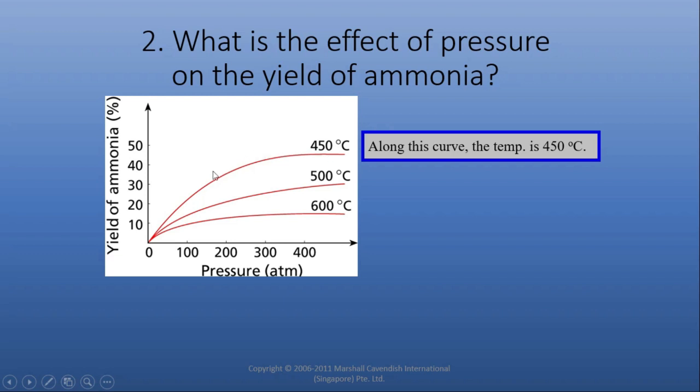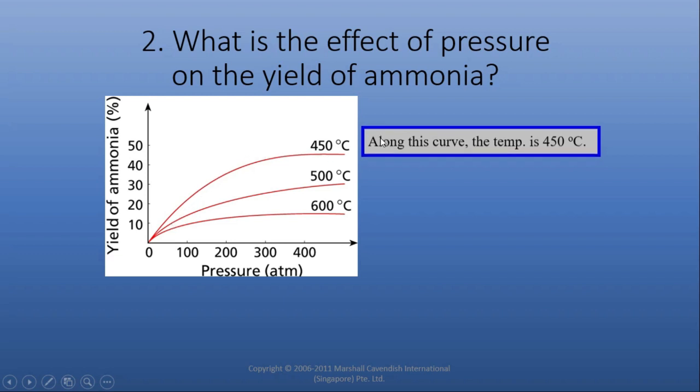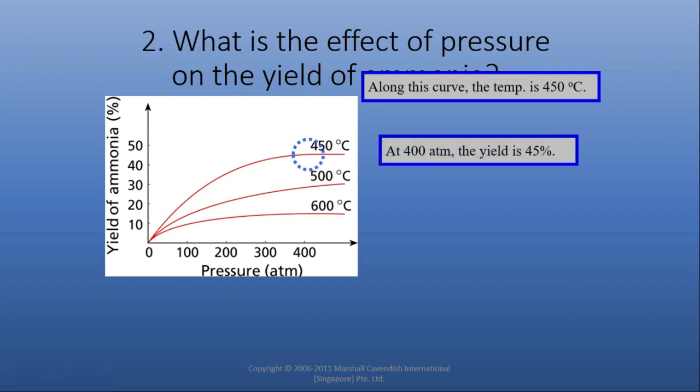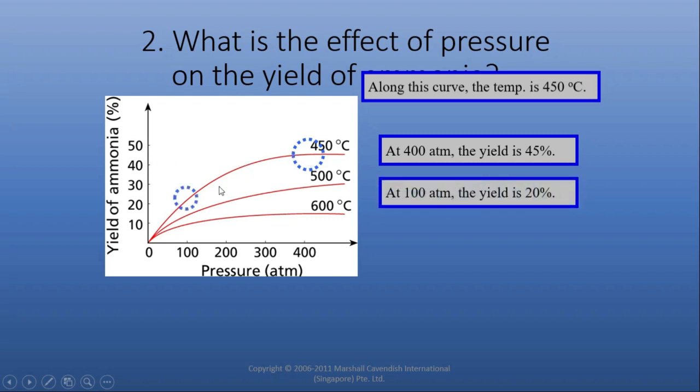Therefore we will discuss this curve now. On this curve you can see at 400 atmospheres pressure the yield is 45%, and at 100 atmospheres pressure the yield is almost 20%. It means the higher the pressure, the more the yield.